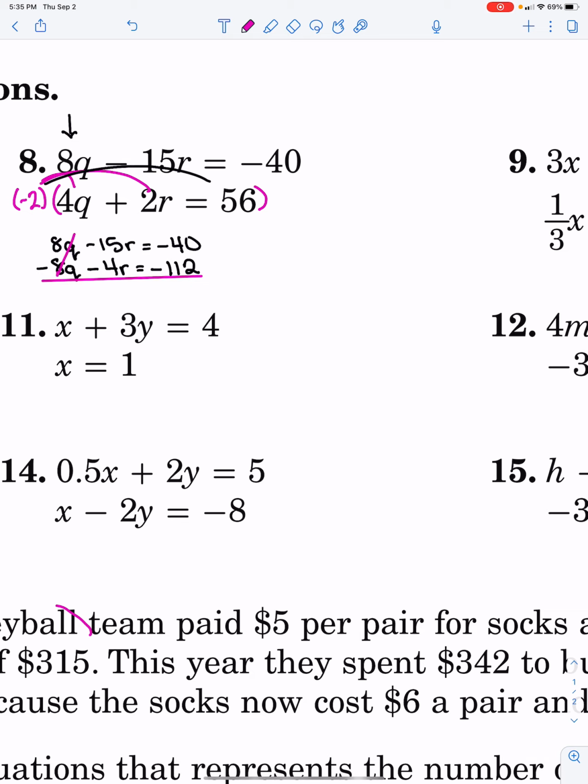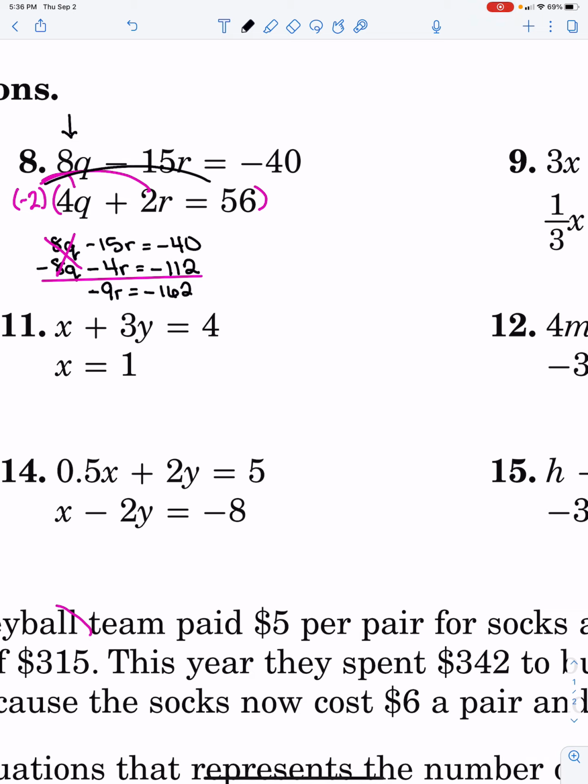These two here are going to eliminate. Negative 15r and negative 4r gives me negative 9r. And then I'm going to have negative 40 and negative 112, which is going to give me negative 162.